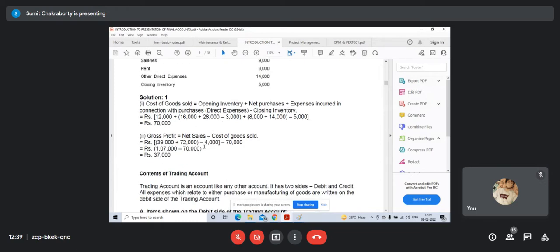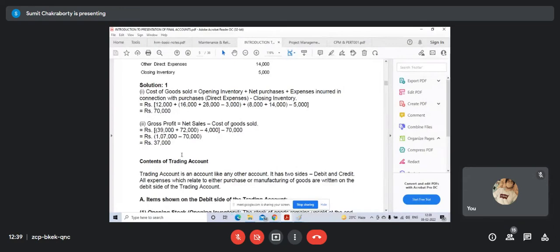Gross profit is net sales minus cost of goods sold. Net sales is cash sales plus credit sales, 1,11,000 minus sales return 4,000, which gives 1,07,000, minus 70,000 cost of goods sold. So you get 37,000. So that is basically the gross profit.